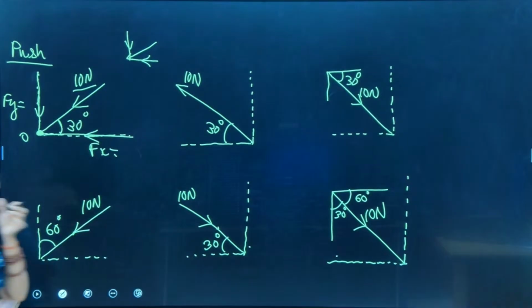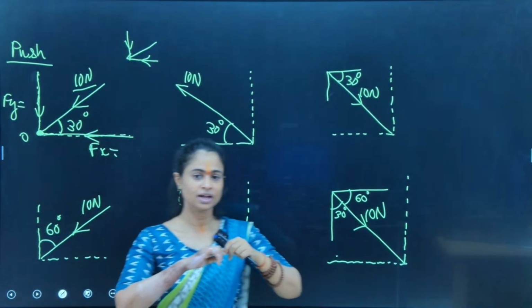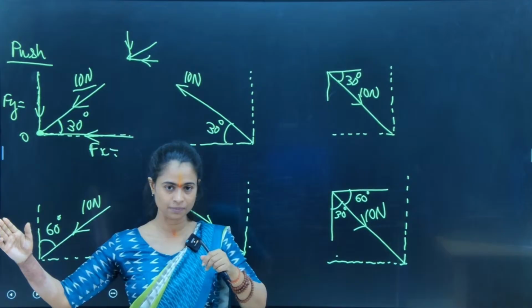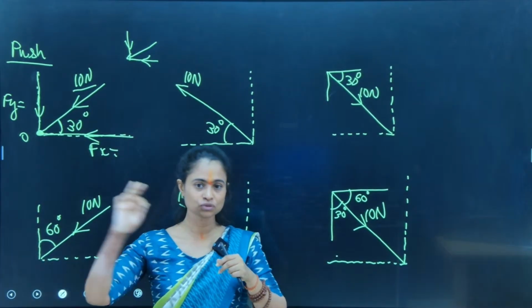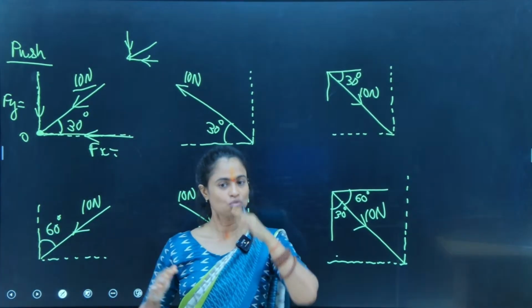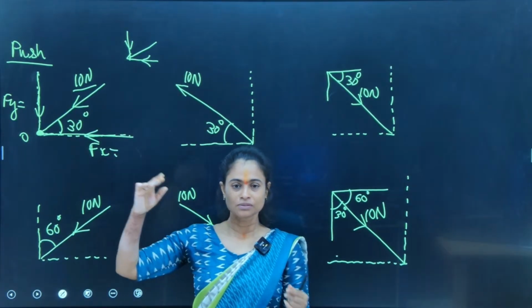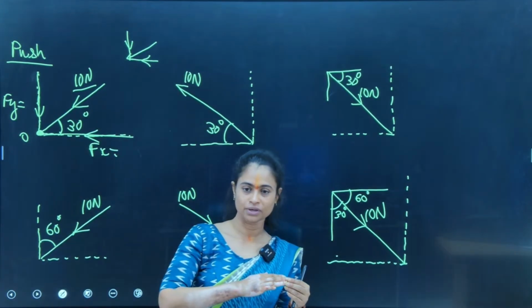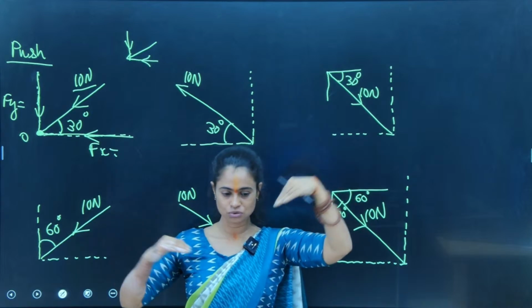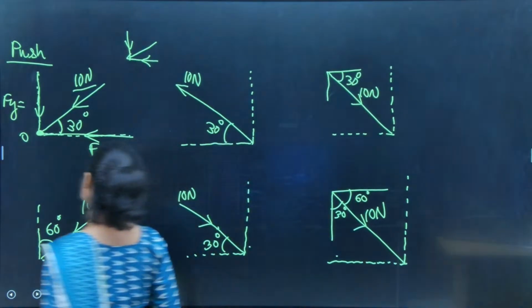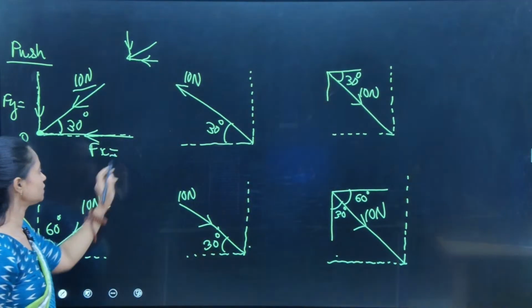In the previous cases the forces were acting away from the point, so their components acted away. Now the force is acting towards the point, so its components will also act towards the point, right? Clear?